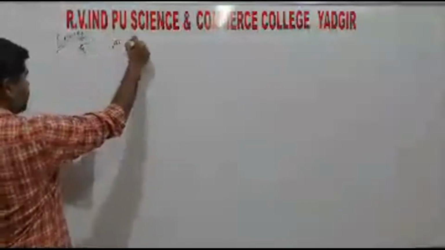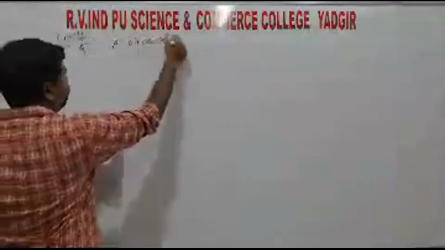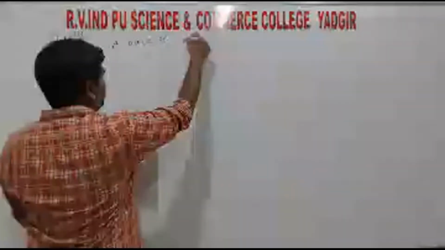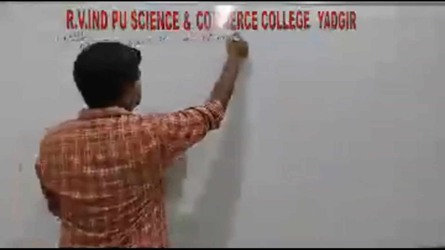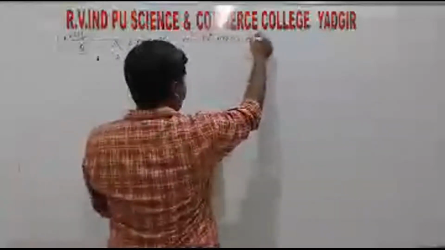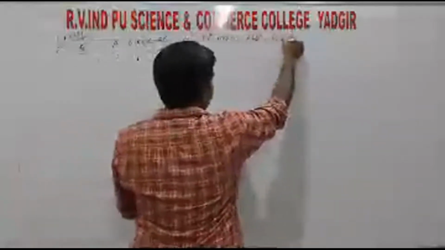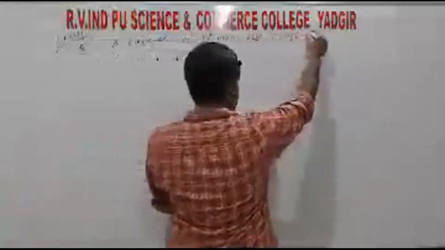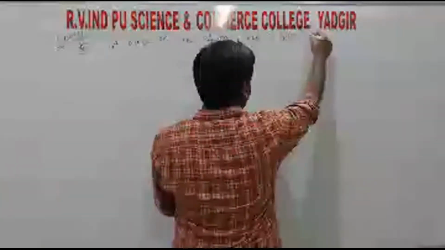Right. Fifth problem. A block of wood of mass 2 kg is lying on a frictionless table.